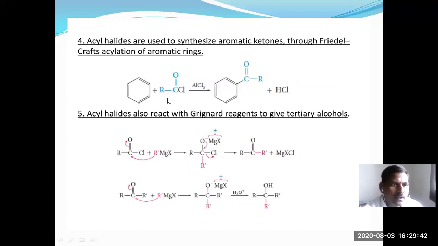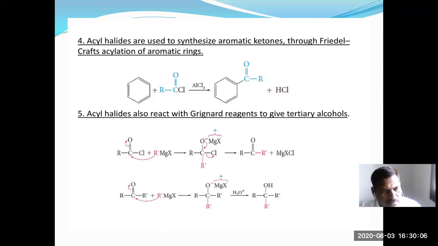So acid chlorides are also used in the Friedel-Crafts acylation reaction. This is the electrophilic substitution reaction of benzene.